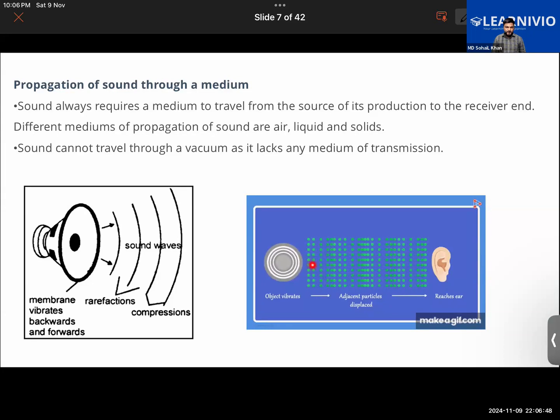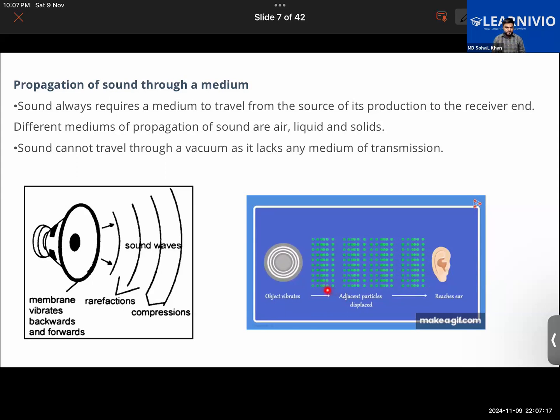Observe this animation here. One obvious thing is that whenever an object is vibrating, for example, when we place a hand on the loudspeaker, does it not move? Ever seen how it moves? Forward, backward, like this. So the vibration of the object creates disturbance in the nearby air molecules also. Air molecules we can simply call particles for convenience.